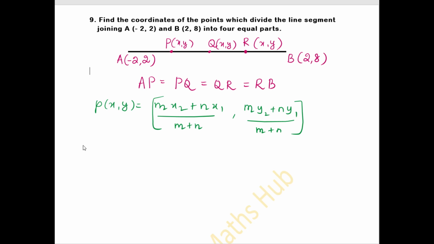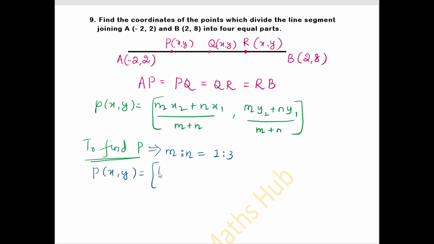Now the first case, to find the point P, the ratio m/n equals 1:3.